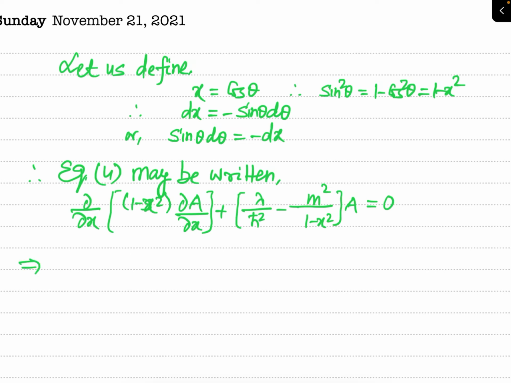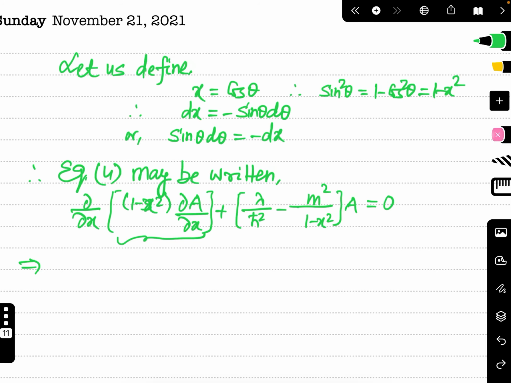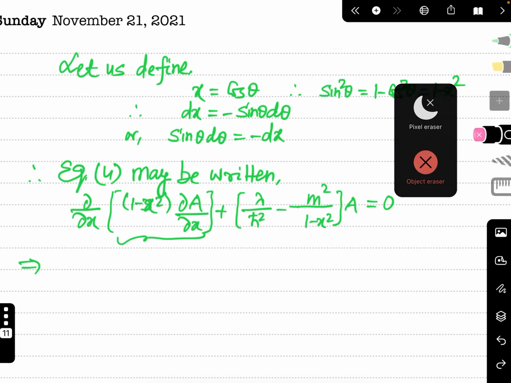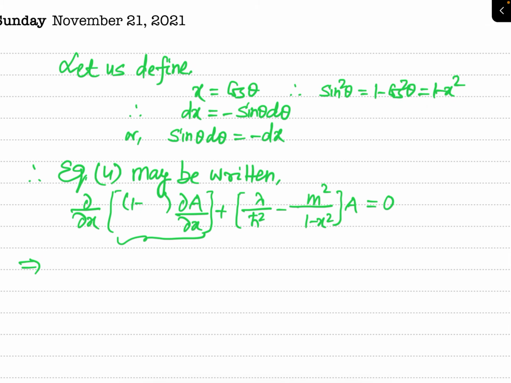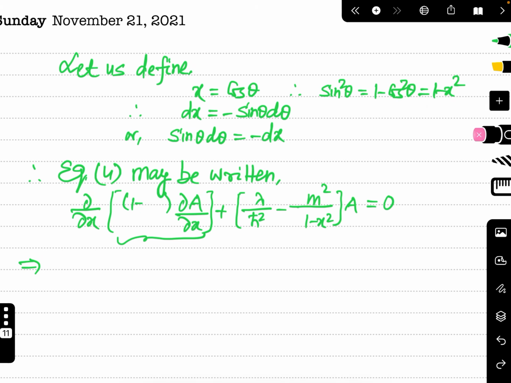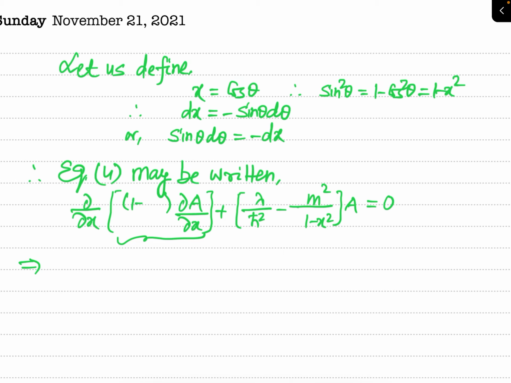Now let us simplify the LHS of this equation a little bit. You can see inside the first square bracket there is a product of two functions. The first function is in fact 1 minus x square, and the second factor is del a by del x.